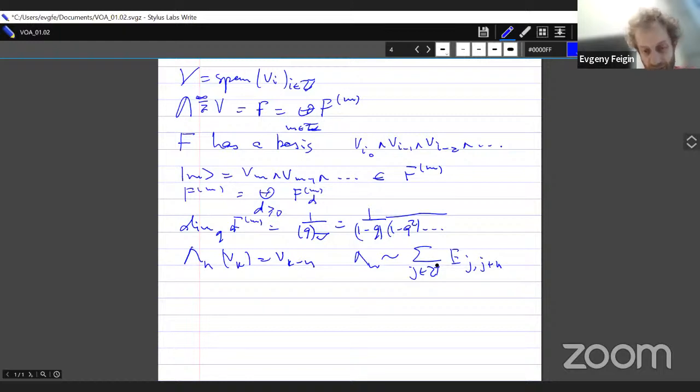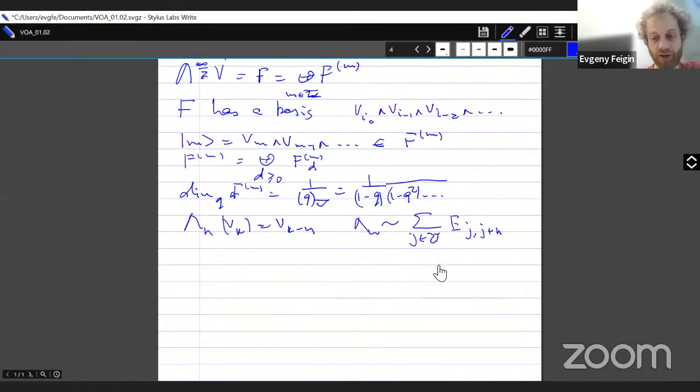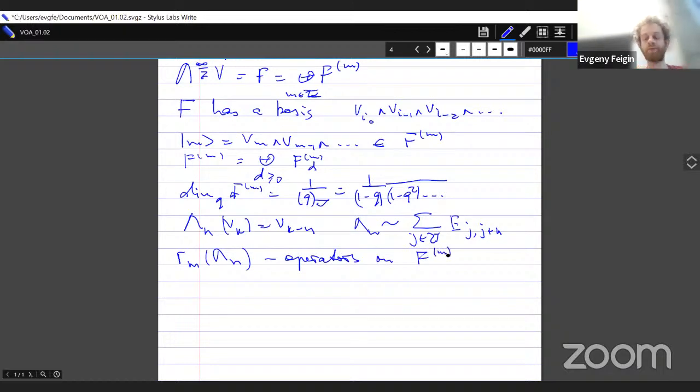It takes the vector v_{j+n} and sends it to v_j. So these are operators on V, and they induce operators denoted by R_m of lambda_n on F_m.